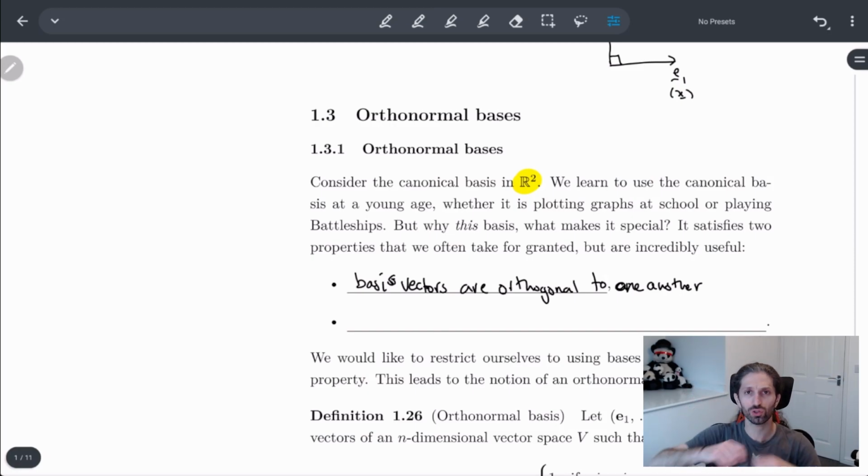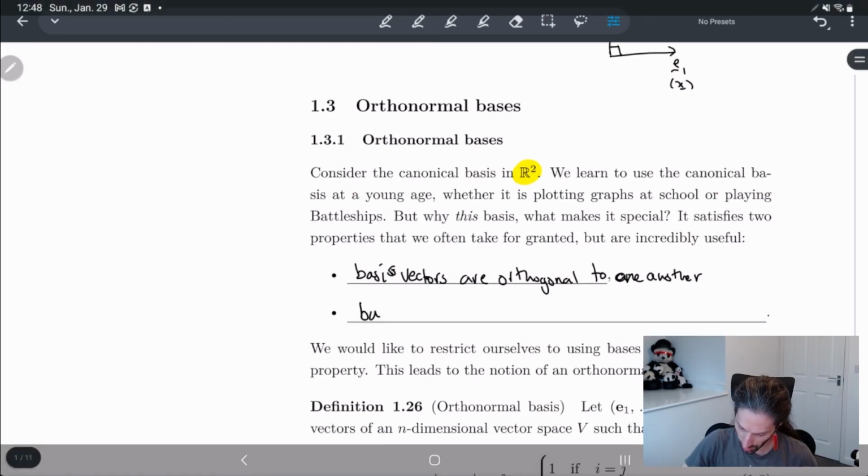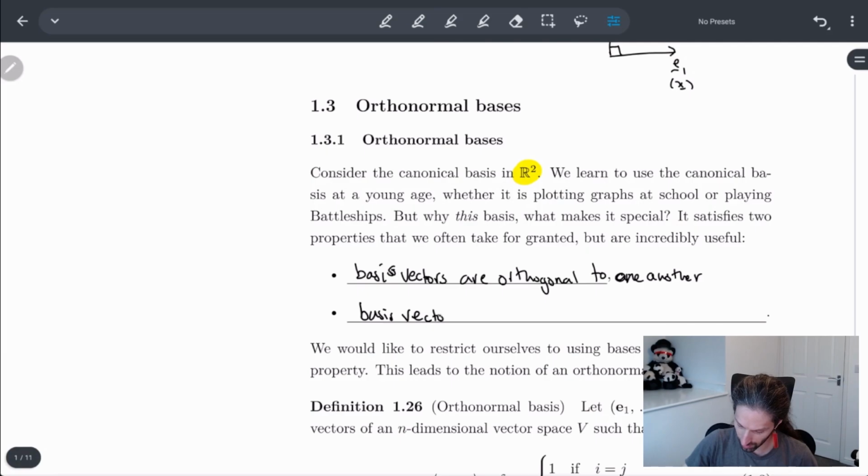I didn't say it's 2e or 5e. I normalized them to be some set length. So the second property is that the basis vectors are all unit length.